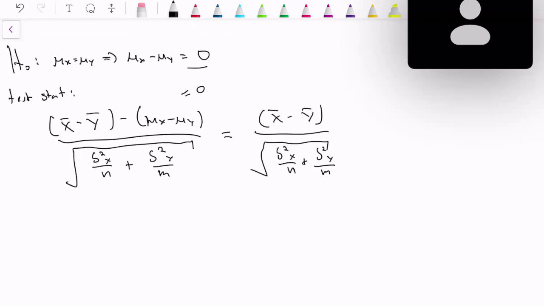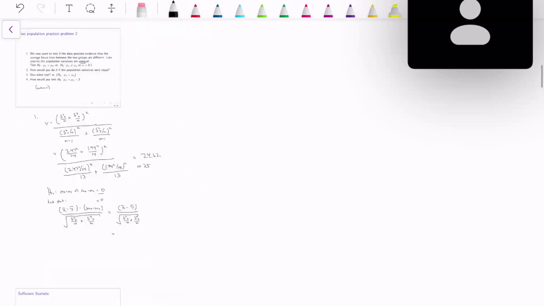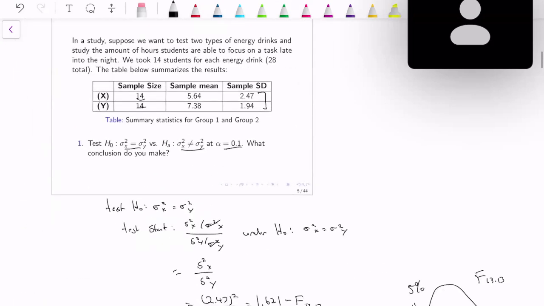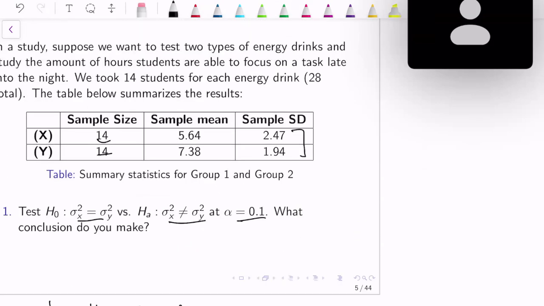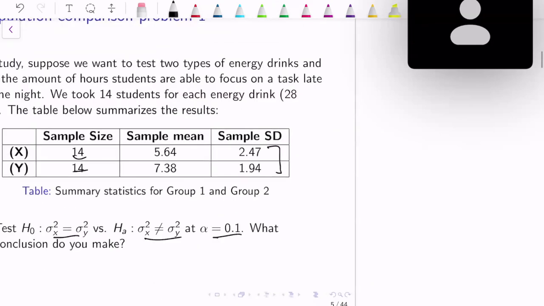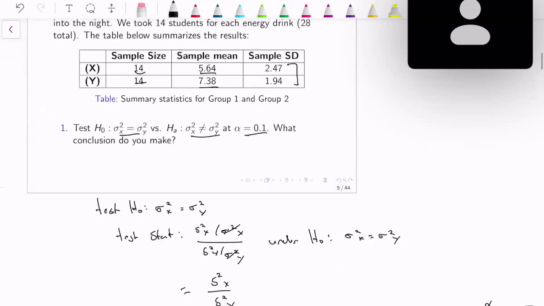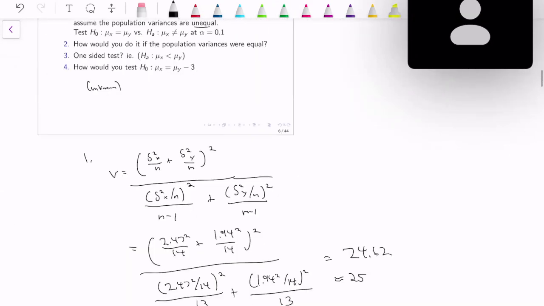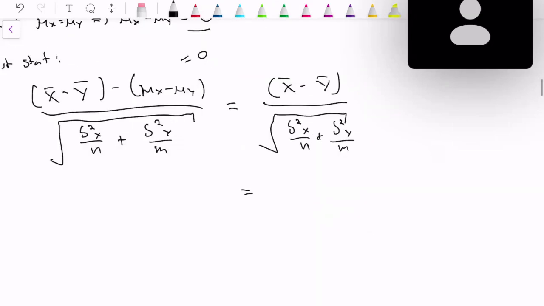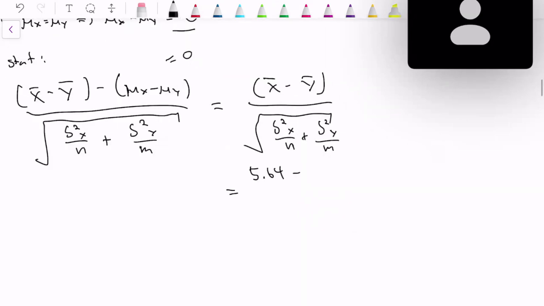So after that, now you're just plugging in values. So I think x bar is given here. Oh, sorry, I should have scrolled up. That's my bad. But yeah, 5.64, 7.38. If you know which test statistic to use, and you have a formula written down, it's just about plugging in values.